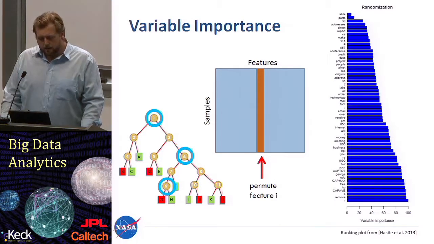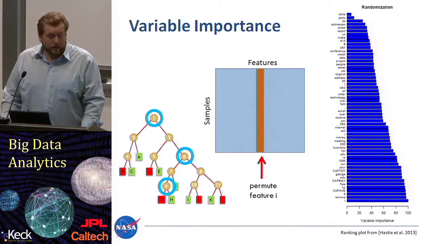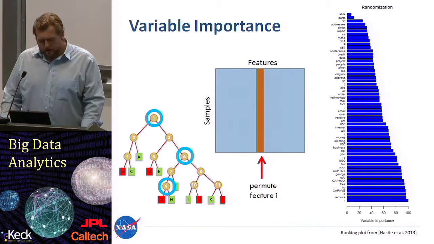So in this example we permute feature I. And this feature, for example, was used 3 times in this tree of the forest, at split nodes 1, 6, and 9. So by permuting, during testing, one would take just a random direction at each of these nodes.